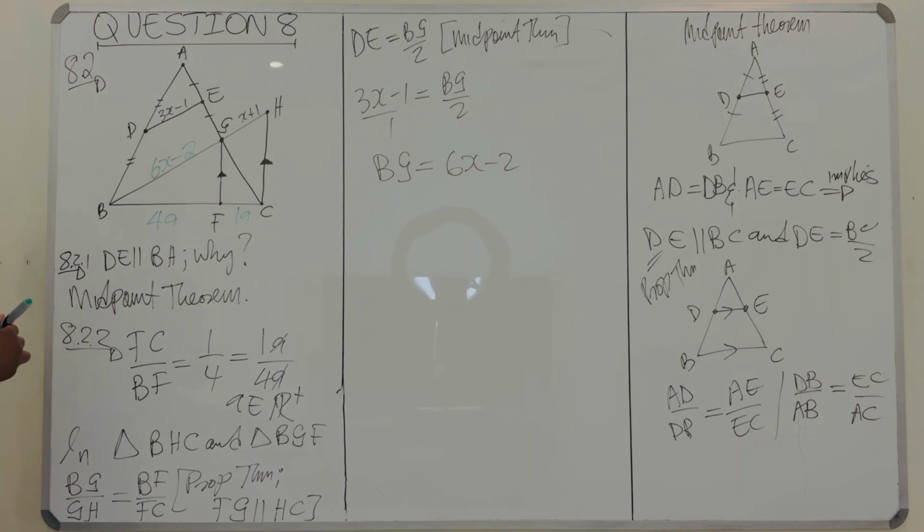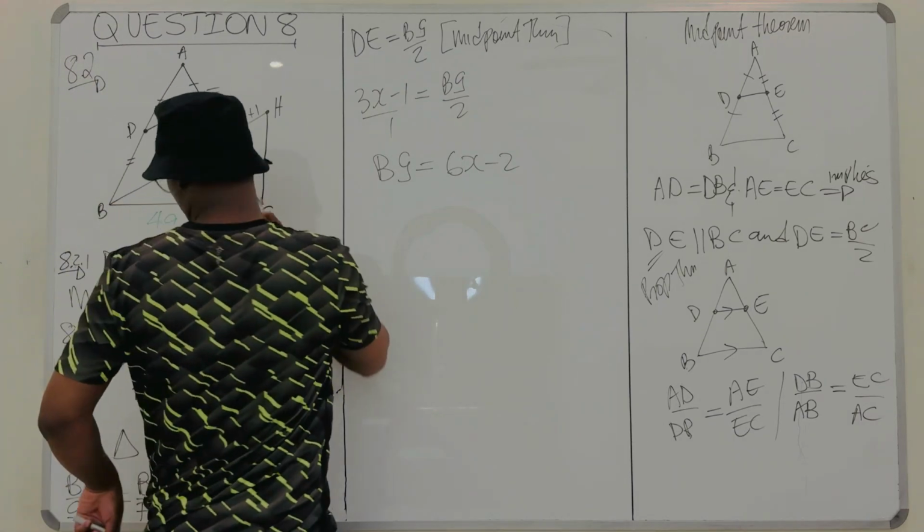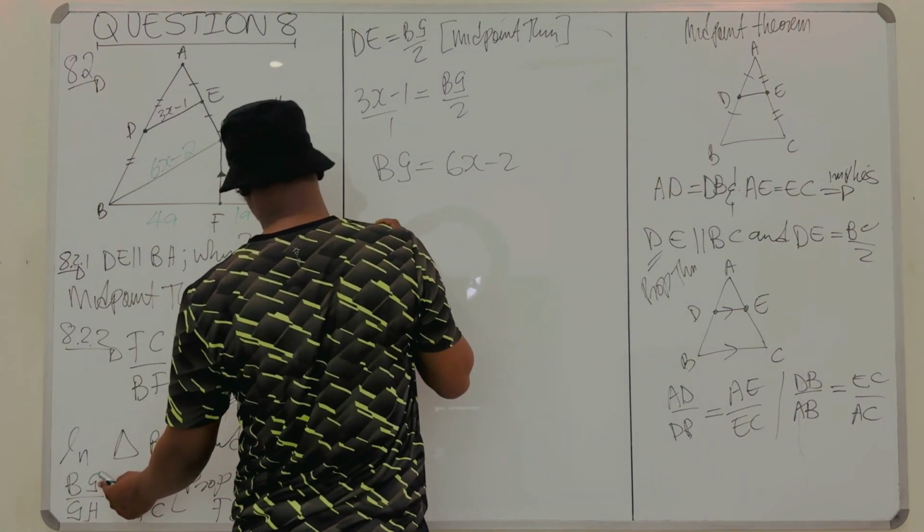Right? No problem. So now we can apply the proportionality theorem, because we have BG, we have BF, we have everything. So let's just go. Actually, let me rewrite it.